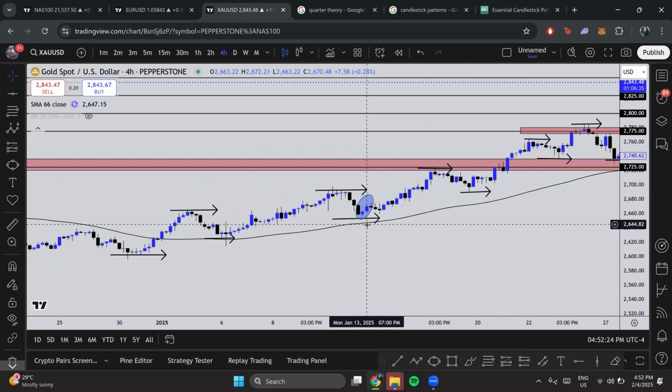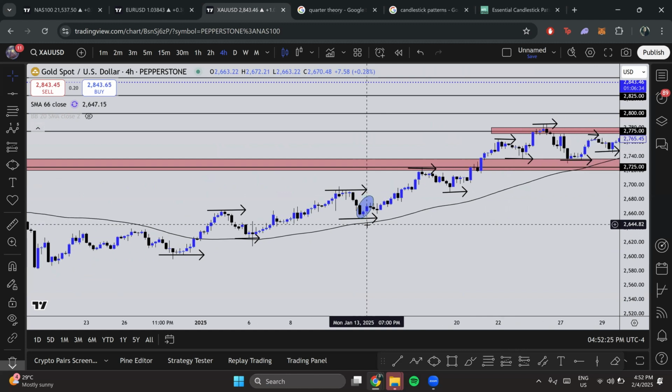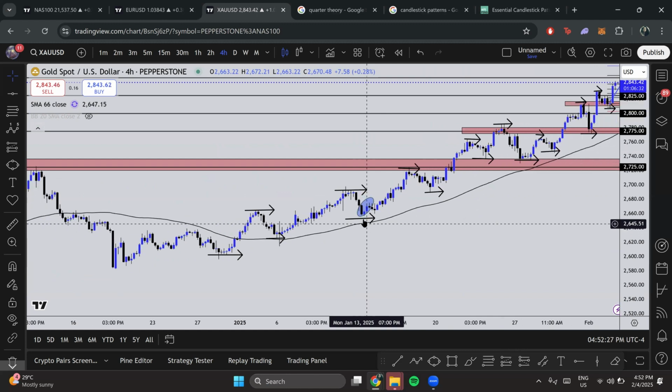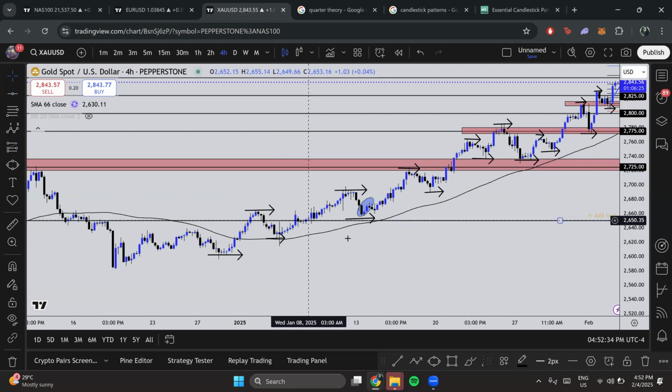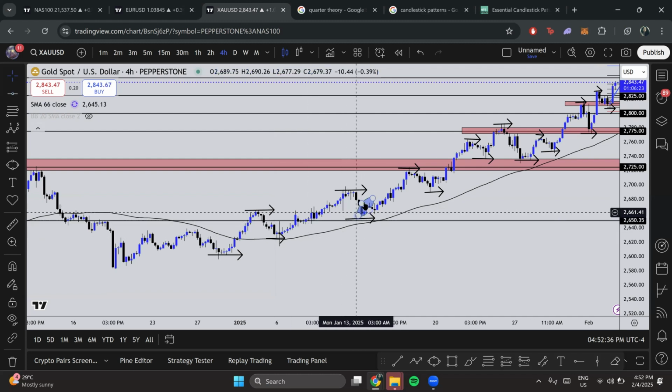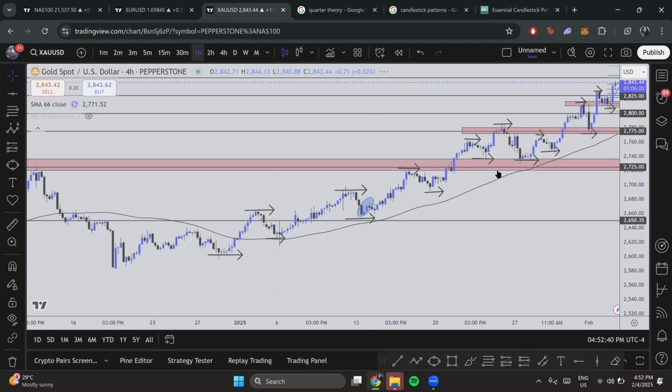So upon seeing that at the higher low, where it is above the key level, with the higher low, now we have to go in lower time frame.